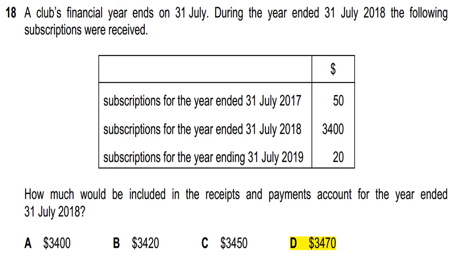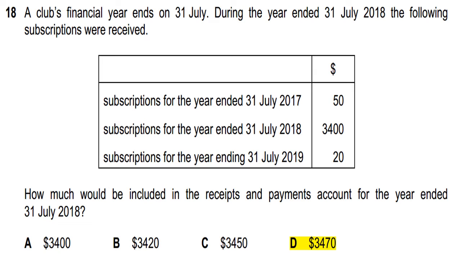This will be D option, 3,470. So it will not be the income. The question is how much amount will be included in the receipts and payments. So our receipts are 50 plus 3,400, that is 3,450, plus 20, that is 3,470.